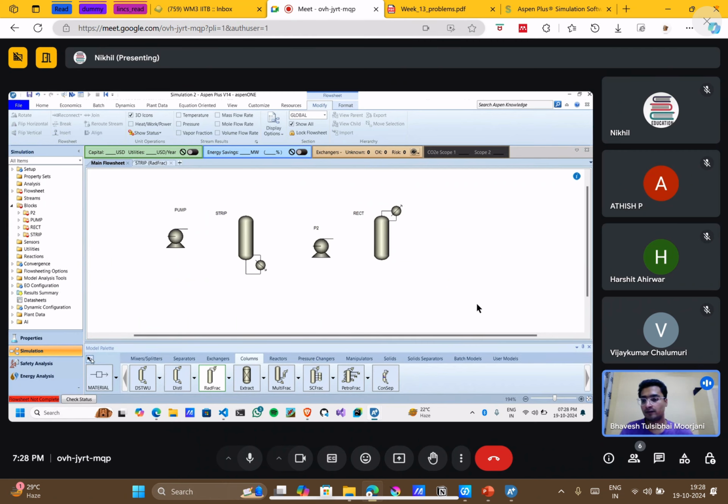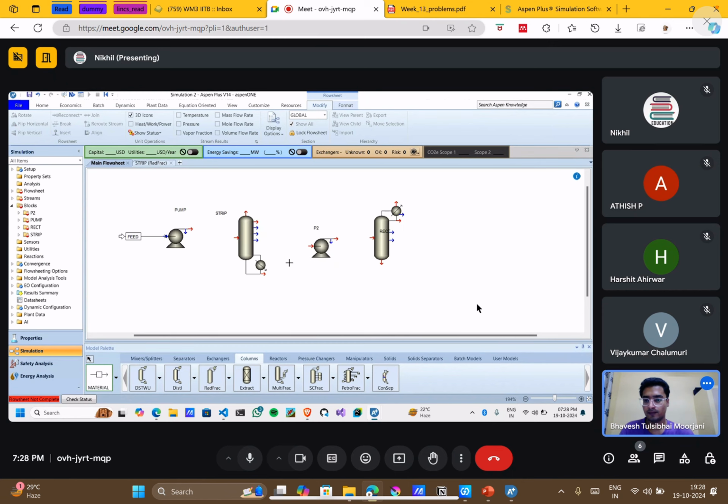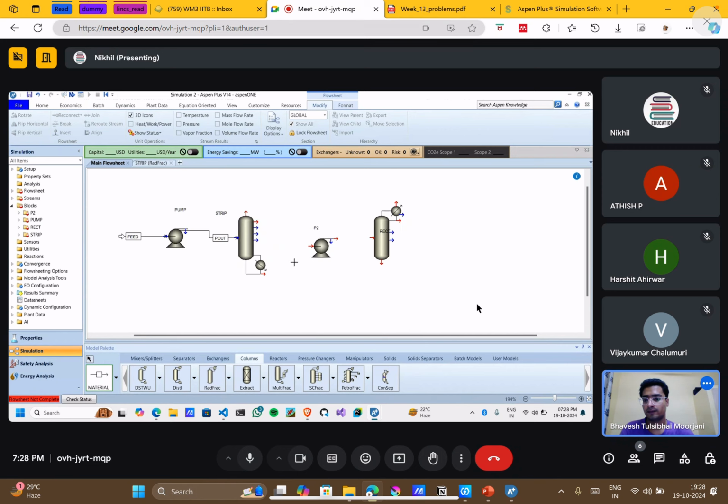Now we have to connect these streams. One feed is coming to the pump, and from the pump outlet it goes to the stripper. Vapor from the stripper will go to the rectifying column.